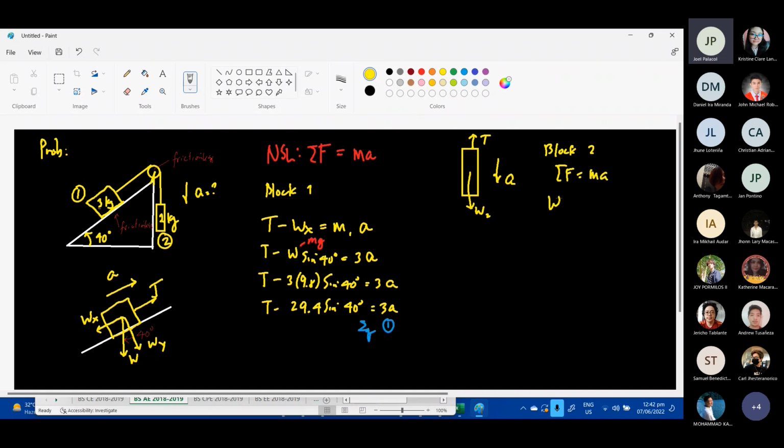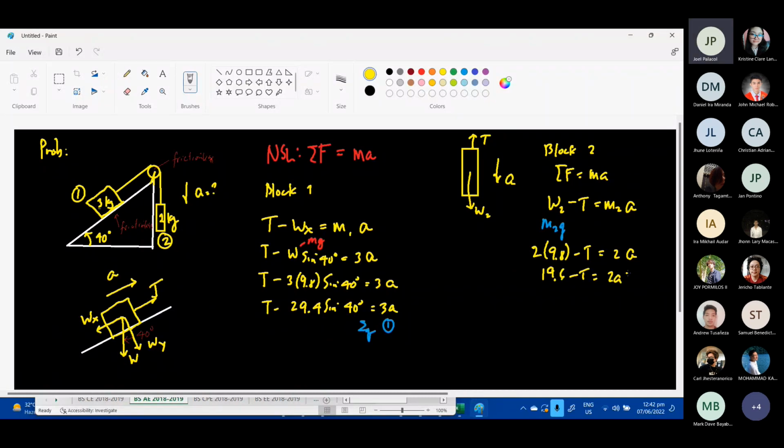Since it is going down, weight 2 going down minus the opposing force T is equal to the mass of block 2 times A. W2 is mass 2 times G, so that is 2 times 9.8 minus the tension T equals 2 times the acceleration A. This is 19.6 minus T equals 2A. We shall call this equation 2.